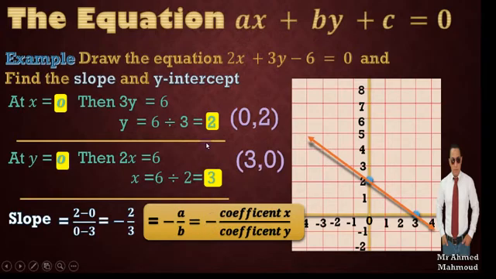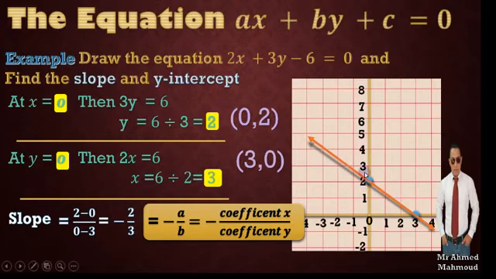Now he asked me about the y-intercept. What is the y-intercept? The word intercept means enclosed, which is the distance enclosed between the intersection and the origin. What does it mean, Mr. Ahmed? Again, the distance included between the point of the intersection with y and the origin point.